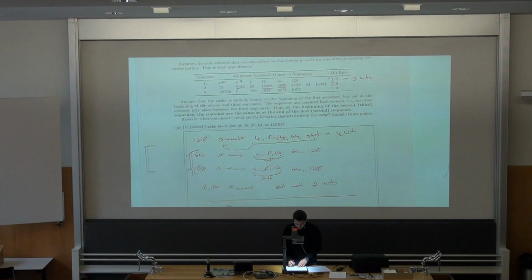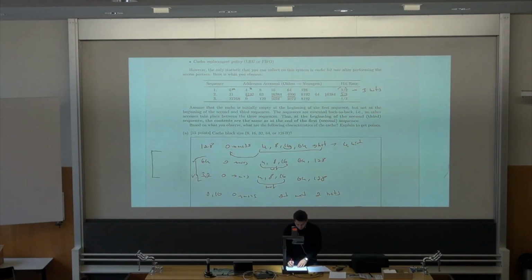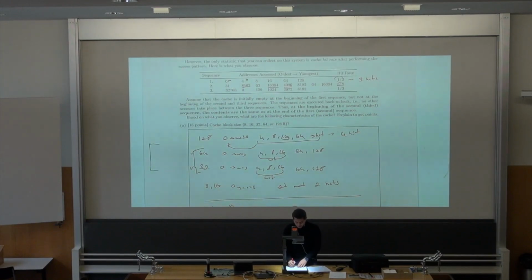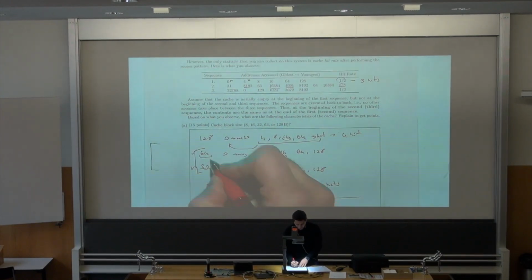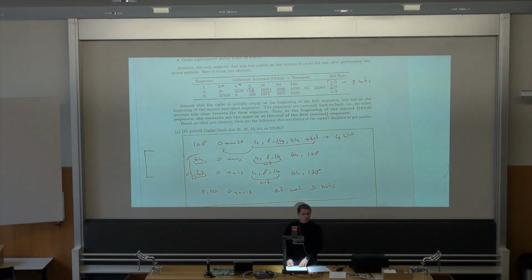Okay. So in order for this to happen, basically, our cache size needs to be 64. Why? If this was 32, then basically 63 would be a miss because we don't access any address between 32 and 64.